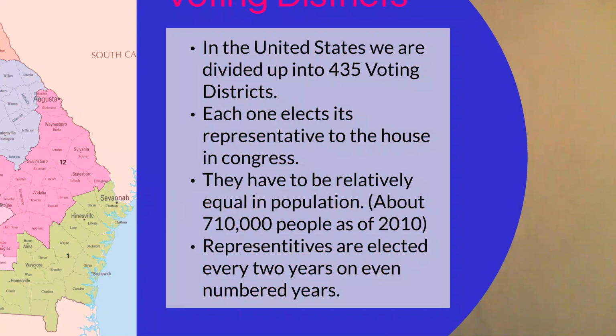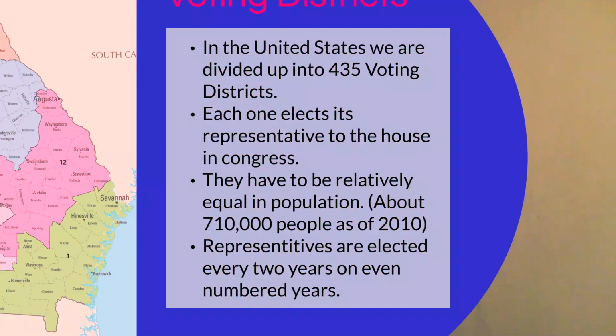So each district selects a representative, which means that there are 435 representatives in Congress. Each of those districts is supposed to have relatively equal population, which in 2010 was 710,000 people. So each of those districts has about 710,000 people in them.